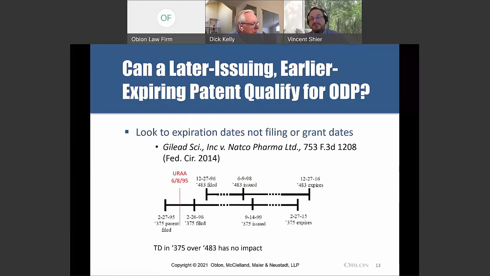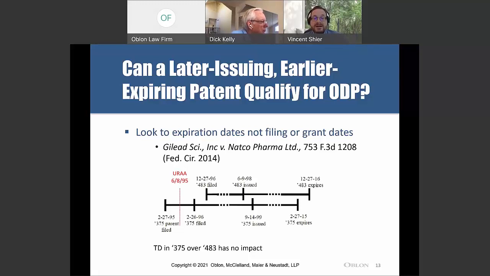In particular, we can look at the Gilead case, where back in 2014, the issue went before the Federal Circuit. And in this instance, two very similar disclosures that were not part of the same patent family were presented in litigation.